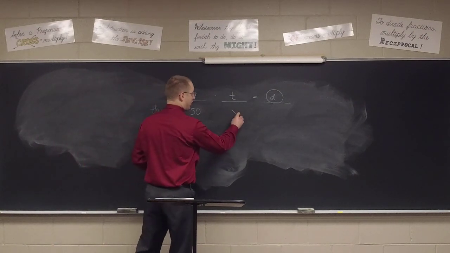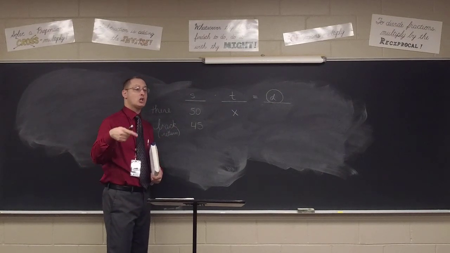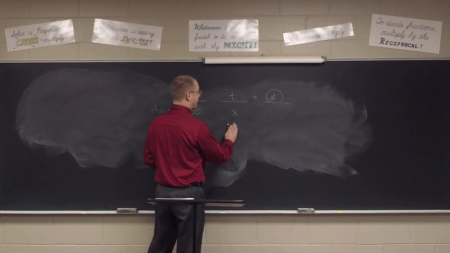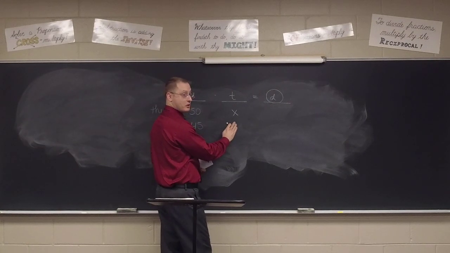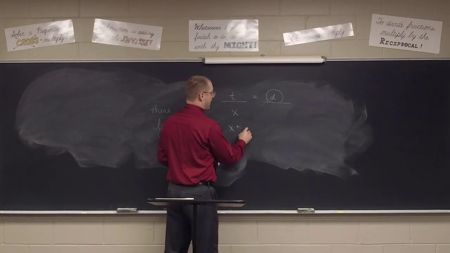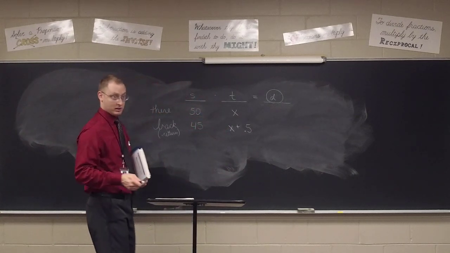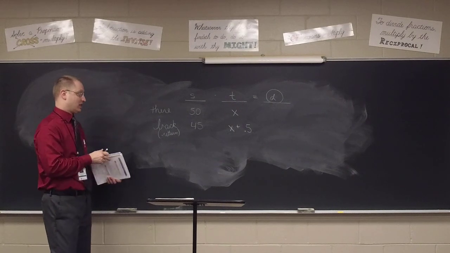The getting there must be X. And coming back took half an hour longer, so we would say, Maddie, X plus a half, or maybe we say X plus 0.5. Do we see that? Half an hour more time required to get back.